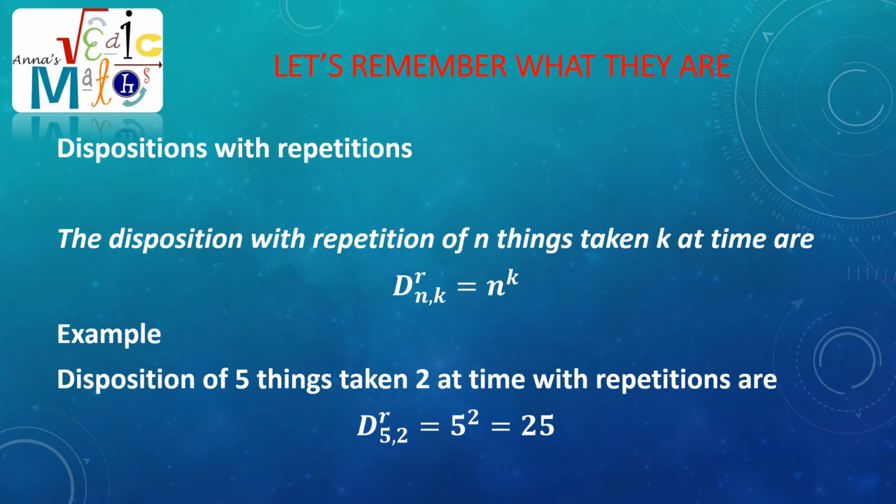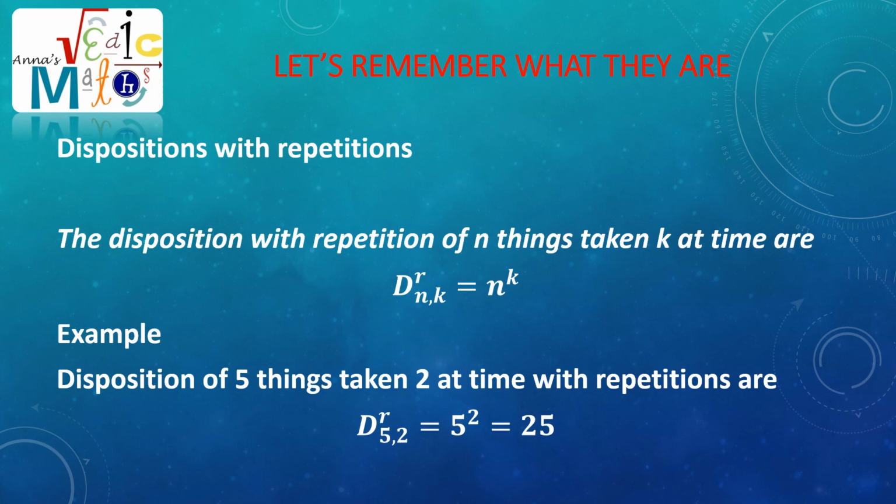Dispositions with repetitions. The dispositions with repetitions is when we can repeat the elements. In the example with the elements 1, 2, 3, 4, 5, we can also take 1,1, 2,2, 3,3, 4,4 and 5,5 if we want to form groups of 2 elements.